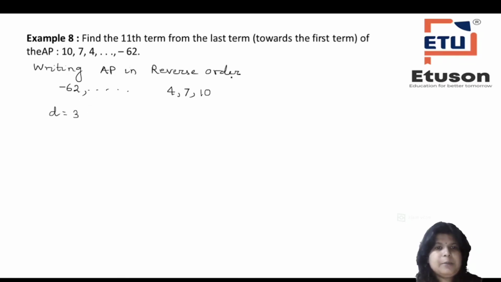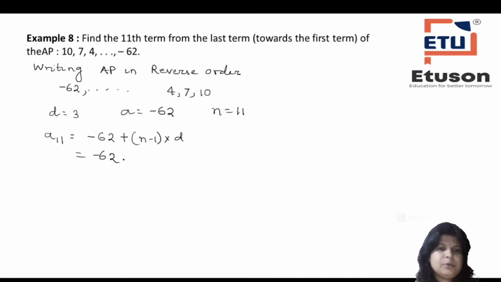Now after writing the AP in reverse order, your A will be how much? Minus 62, right? So you can find out the 11th term very easily. So you have n is equal to 11. So A11 will be equal to, taking minus 62 as the first term, minus 62 plus n minus 1, which is 10, into D. D is how much?